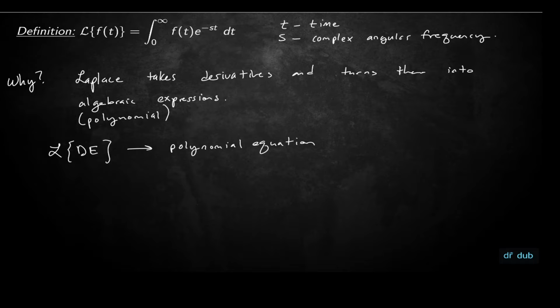And then we'll invert the transform to get the solution. That's our thought process: it takes a differential equation, turns it into an algebraic equation, and then we can invert that eventually to get the solution to the differential equation.